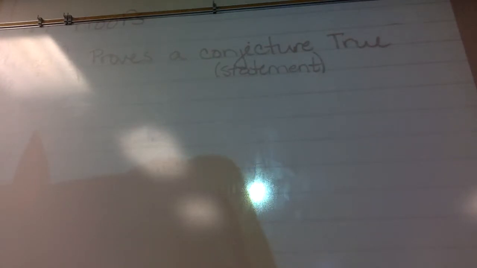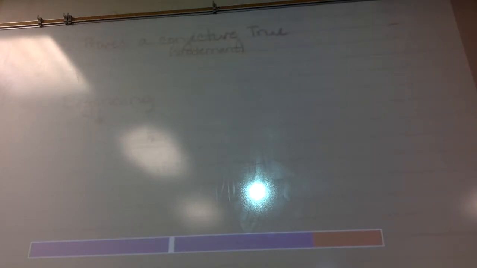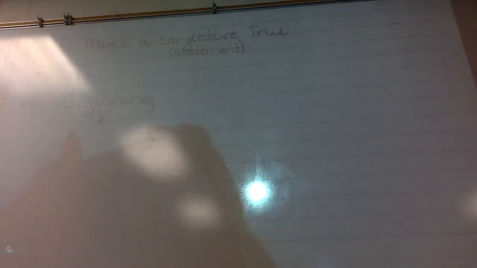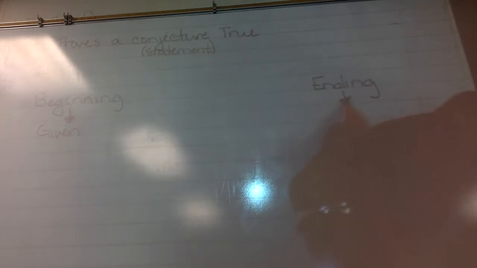A non-technical definition is a proof provides us with a beginning, a definite beginning, which in the proof writing world is called the given. So a proof has a definite provided beginning, it's called the given. And it has a definite ending, which is called your proof statement.